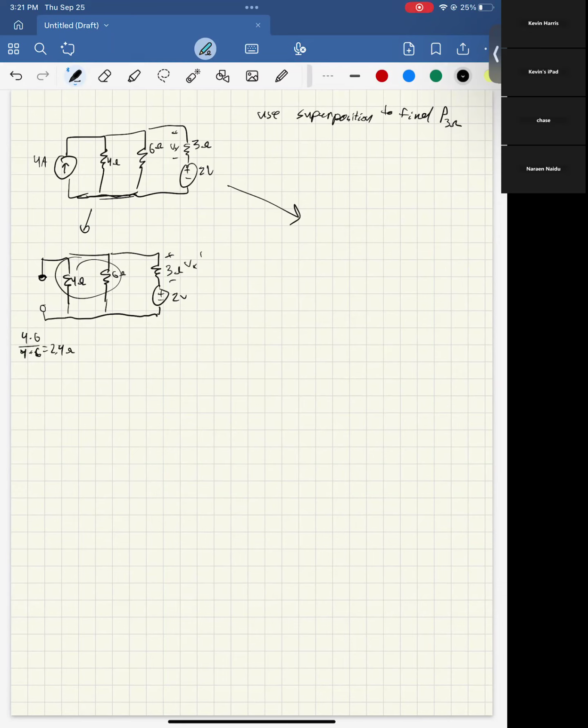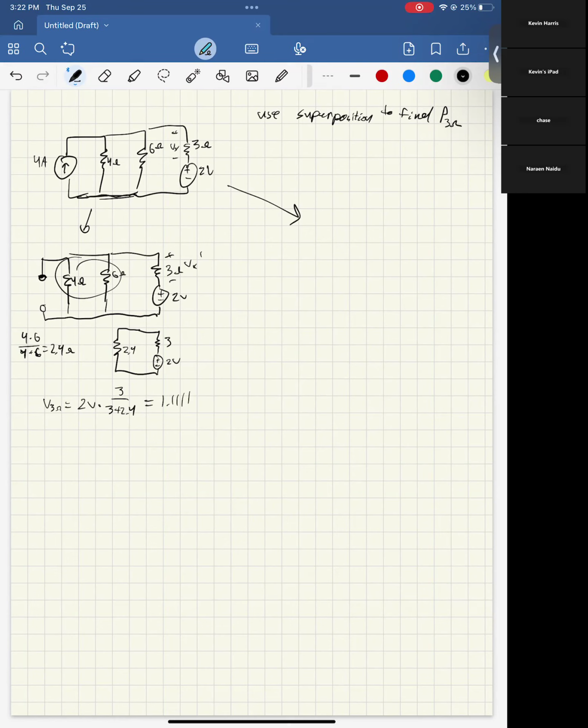So then we have something like this, where we have 3 ohms and 2.4 ohms and 2 volts. And then if we do a voltage divider, the voltage of that 3 ohms is going to be 2 volts times 3 over 3 plus 2.4, which gets you like 10 ninths or 1.1111.